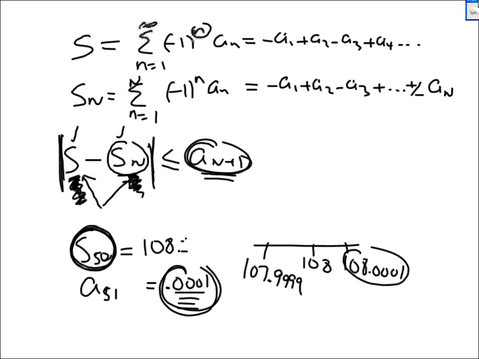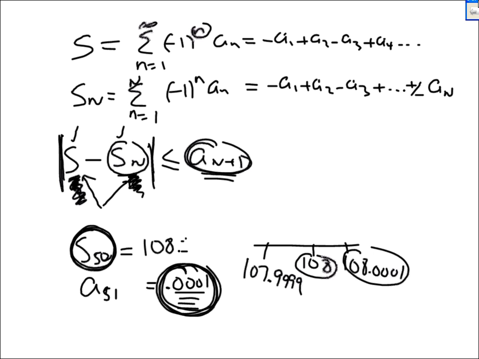Maybe you're building a bridge and you need something exactly 108 inches long, and somehow it comes from an alternating series. It's okay to be off by that amount. Well then, just go out to the 50th term. Just add up the first 50 terms.